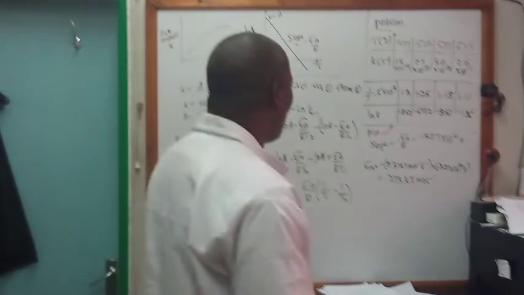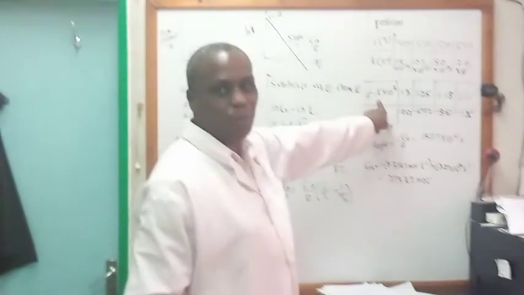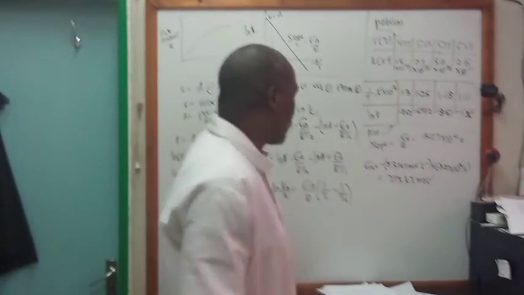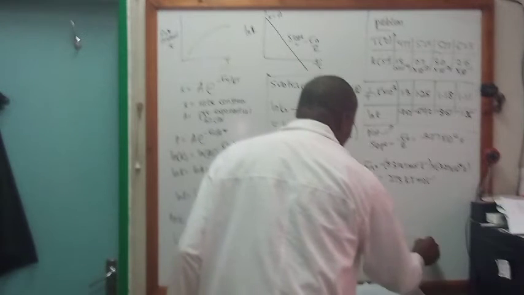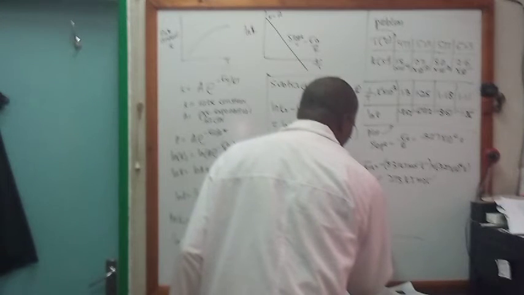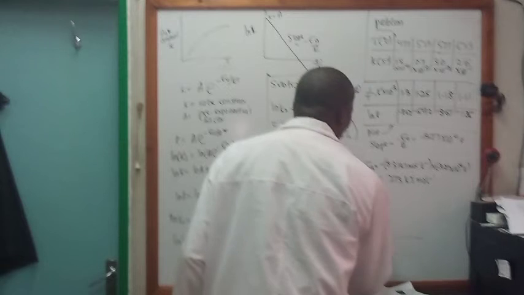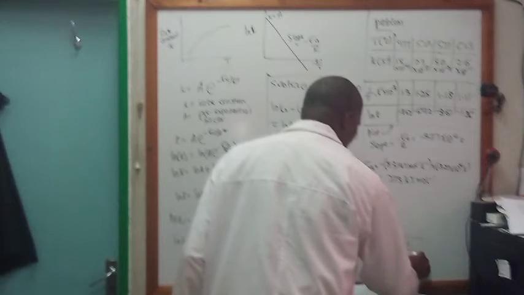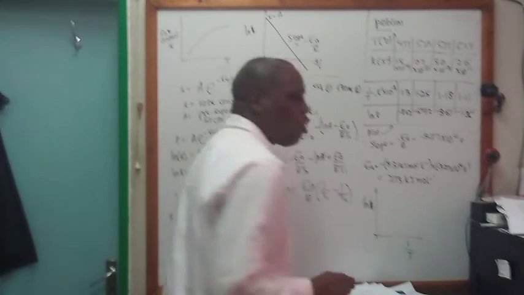So this will be 1 over t as opposed to plotting t. Please note that. So the plot will be the natural log of the rate constant, small k here, and here it will be the reciprocal of the temperature.